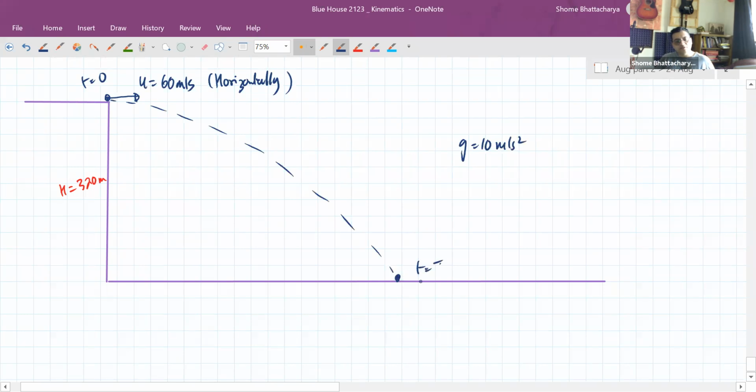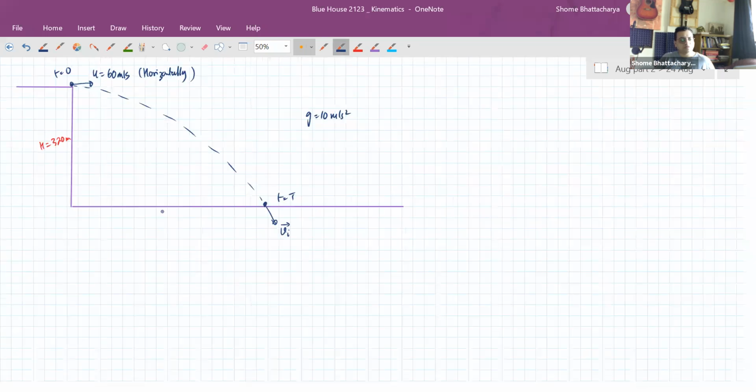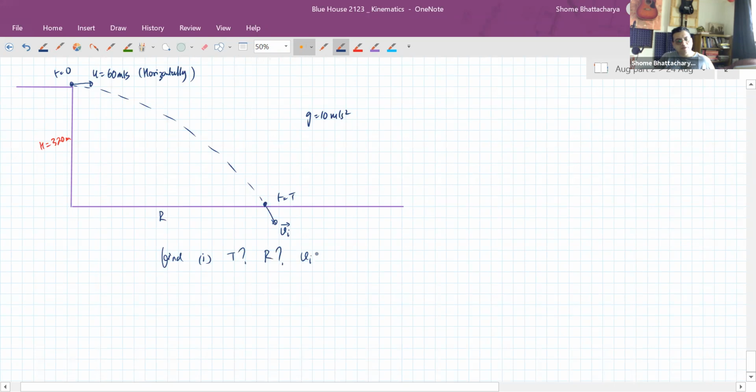So at some time it will land on the ground with some impact velocity. Now we have to calculate various things. Standard things first: find this time, the range at which it lands, and the impact velocity's magnitude.